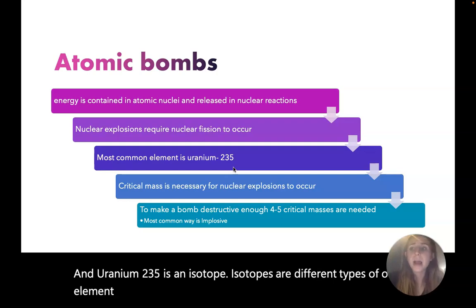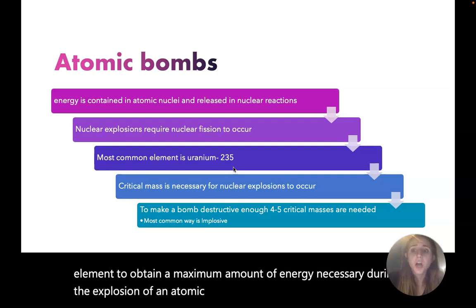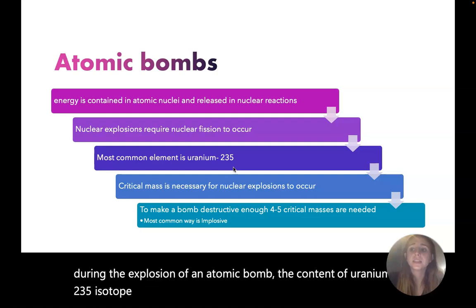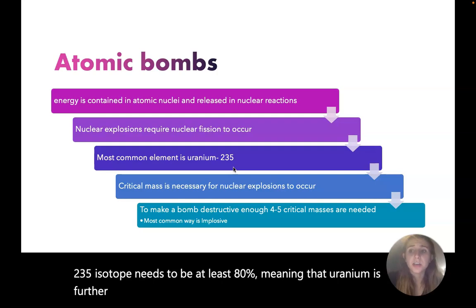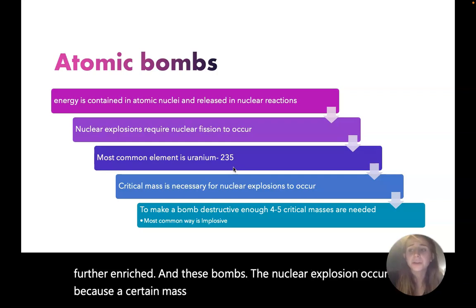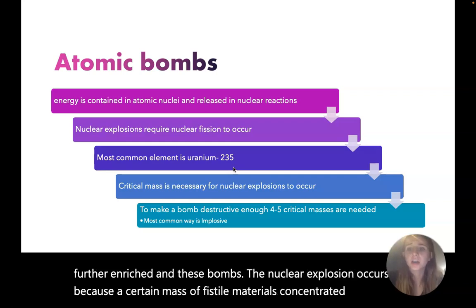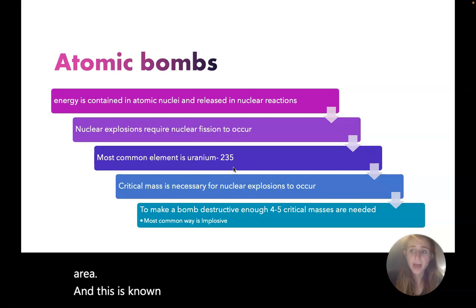To obtain the maximum amount of energy necessary during the explosion of an atomic bomb, the content of the uranium-235 isotope needs to be at least 80%, meaning that the uranium is further enriched. In these bombs, the nuclear explosion occurs because a certain mass of fissile material is concentrated in one area, and this is known as critical mass.